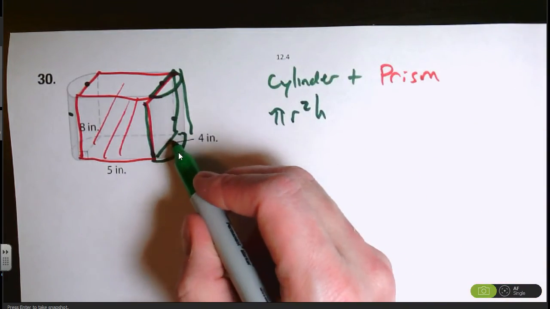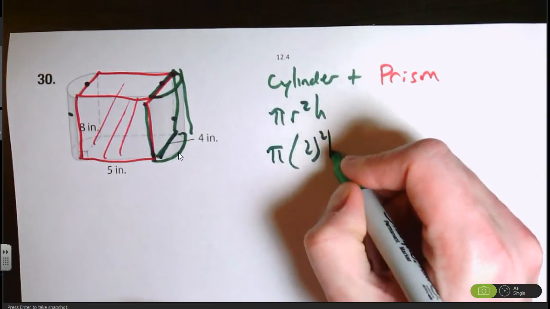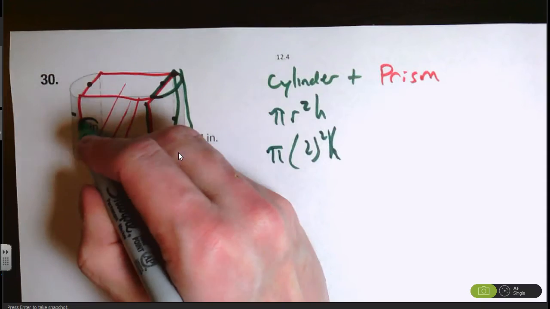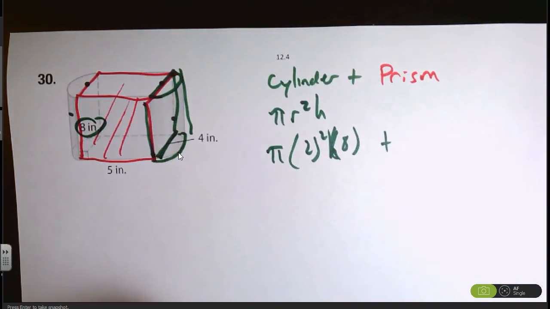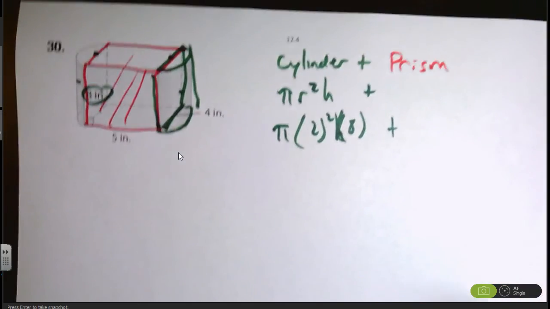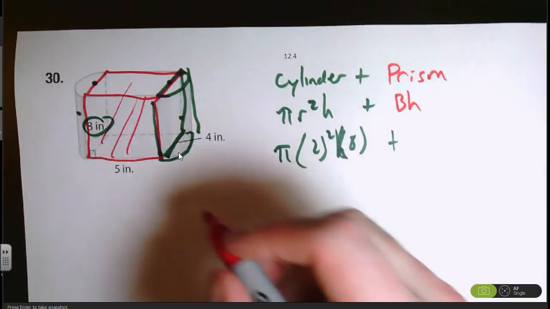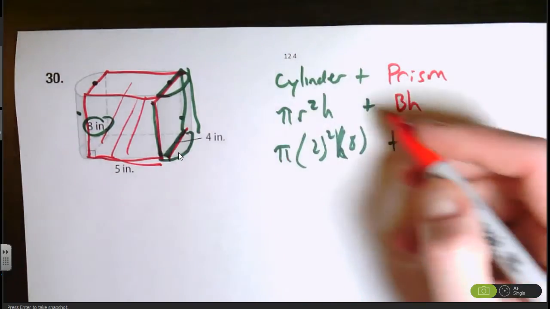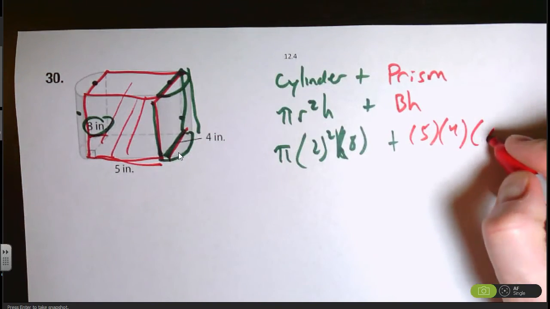Although this 4 they're pointing to, that's the diameter, so it's pi times 2 squared h, and the h is 8. Okay. The prism is area of the base times the height. Well, this base is a rectangle that's 5 by 4, and the height is again 8.